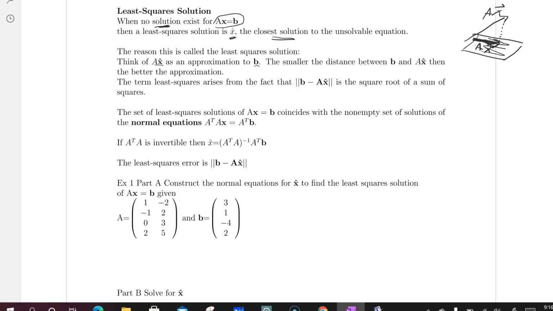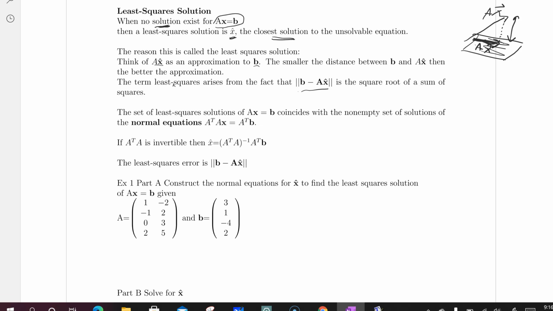Then I find the length of this, which is b minus A x hat. The length of that is how far off I am. You find the length of a vector by taking the sum of the squares, and that's where the name least squares comes from.